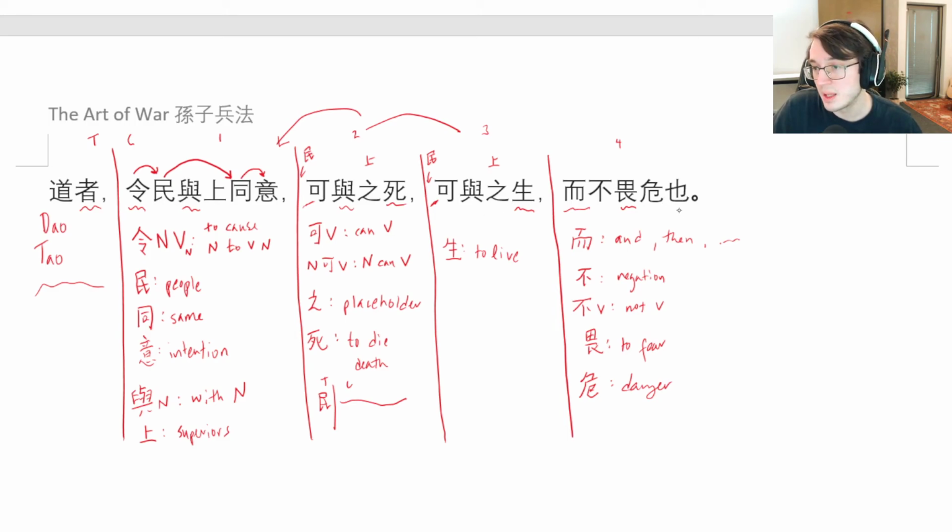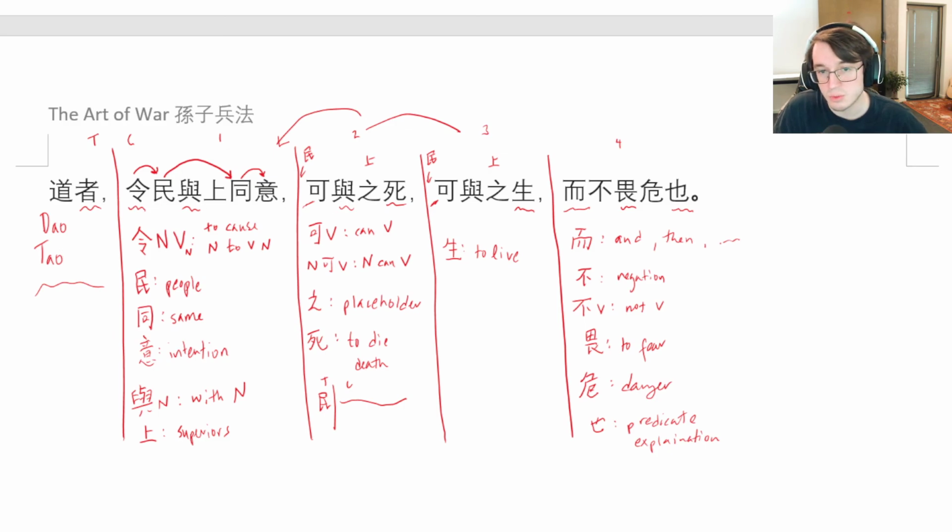And then we're going to finish this just with ye, which we've seen several times already. Ye is a predicate marker sometimes. Sometimes it indicates explanation. But in this case, it basically acts as both. It marks a predicate as opposed to the topic. Here we have the topic 道, and then a whole bunch of predicate 也.